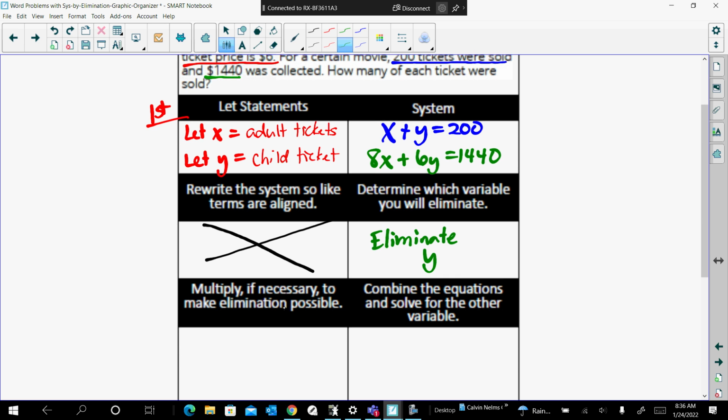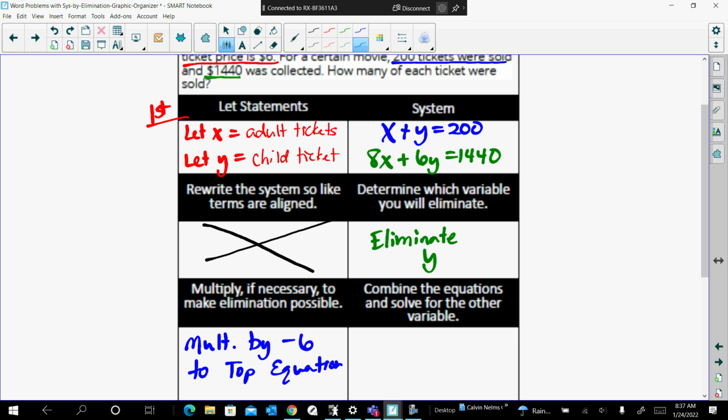Will we need to multiply in order to? Yeah. What will we need to multiply? -6. Yes, we were going to need to multiply the top equation. So I'm going to write what we're doing over here, okay? So we're multiplying by a -6 to the top equation.